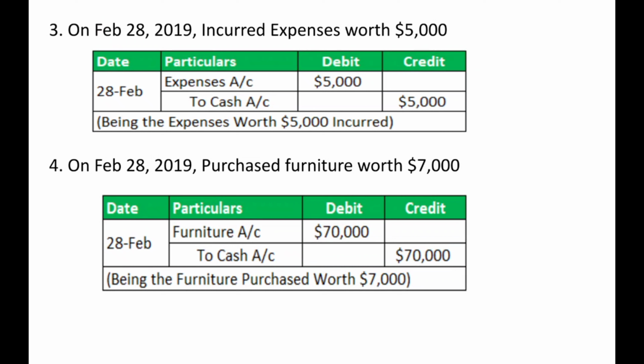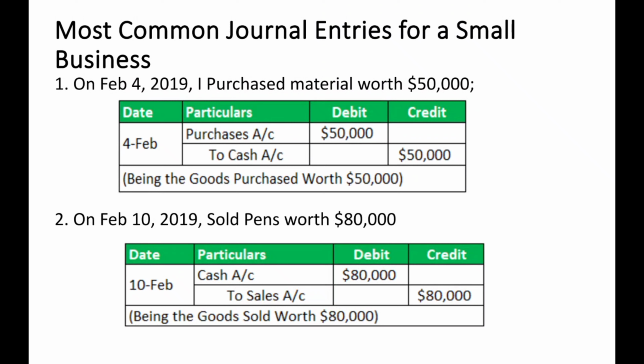So the entry is furniture account debit to cash account. Cash goes out, so the cash account is credited. The narration is: being furniture purchased worth $7,000. This is how simple common journal entries for small businesses work.